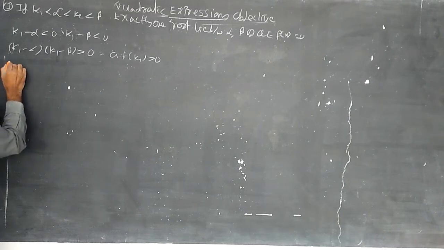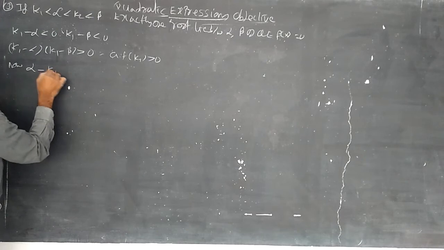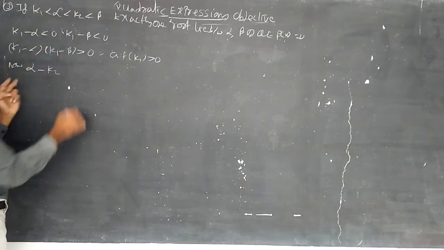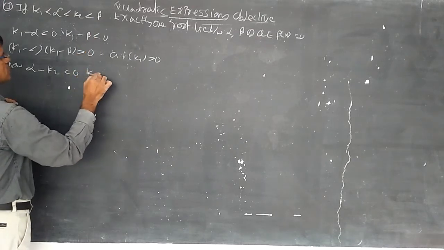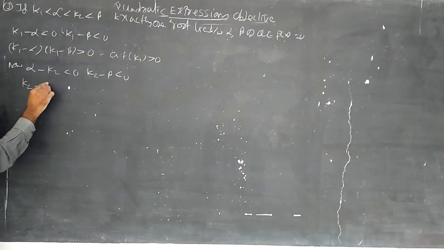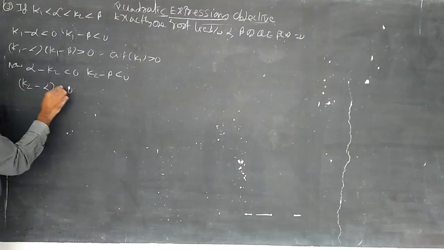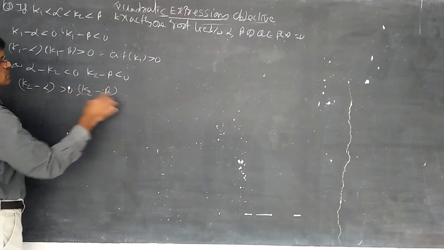For K2 you can discuss now. Alpha less than K2, so alpha minus K2 less than 0. And here K2 less than beta, so K2 minus beta less than 0. You can write K2 minus alpha greater than 0, comma K2 minus beta less than 0.